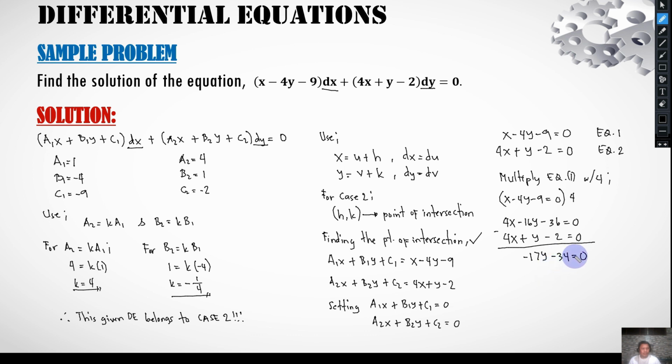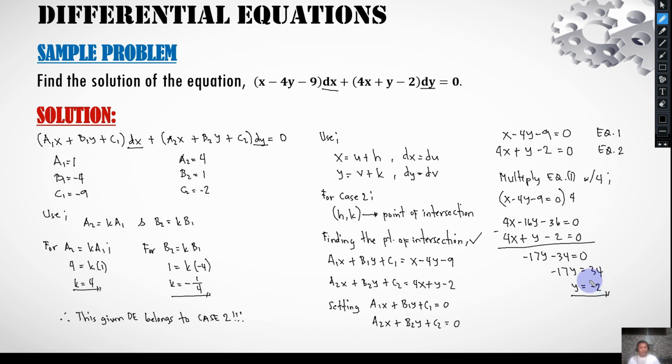So, transposing this constant to the right, no? So, minus 17y equal now to 34. So, yung y natin dito, students, ay equal now to negative 2, no? So, y is just equal now to negative 2. Okay?